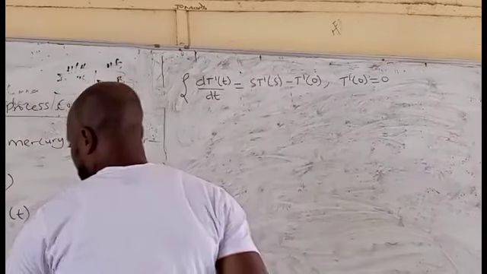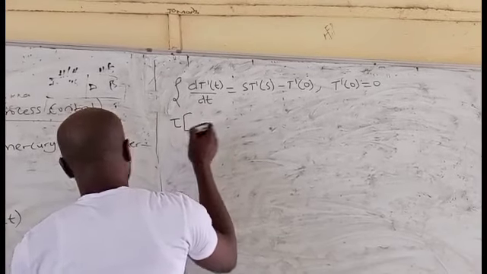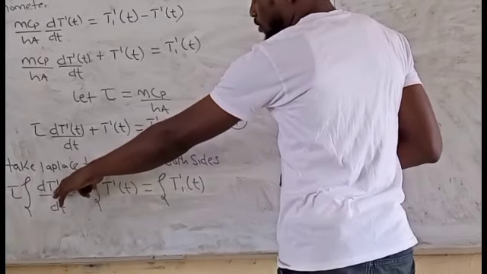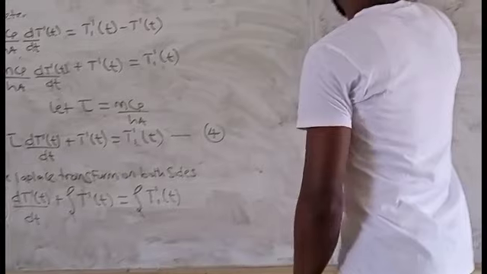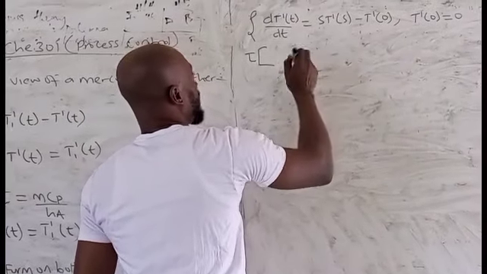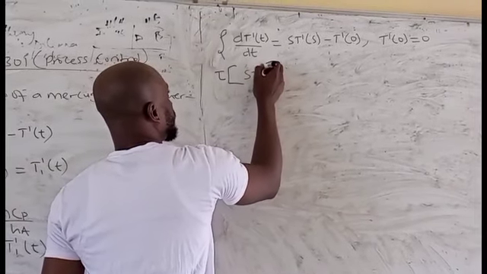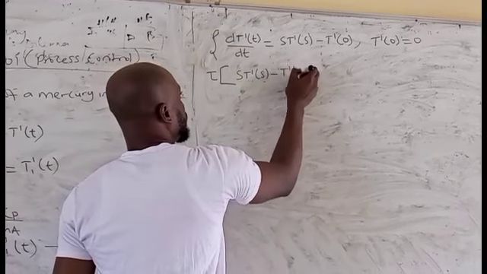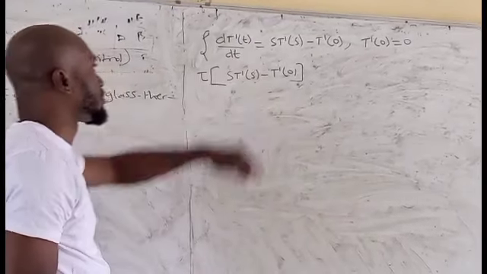So we have tau, which is the time constant, multiplied by the Laplace transformation of dT'(t)/dt, which is sT'(s) minus T'(0), that is sT'(s) minus 0. So I substitute it.